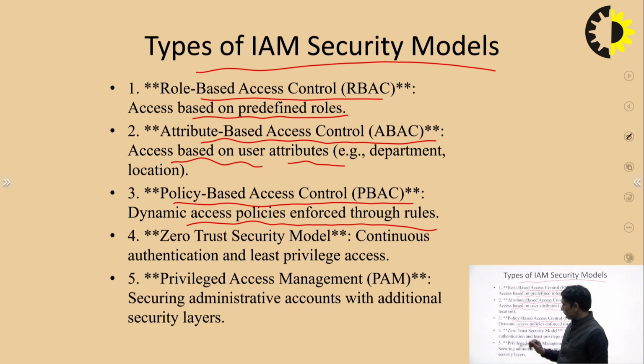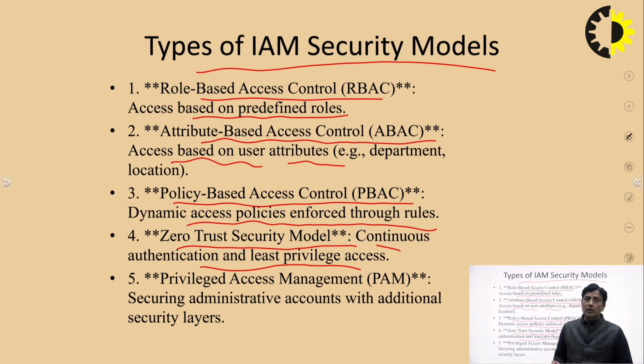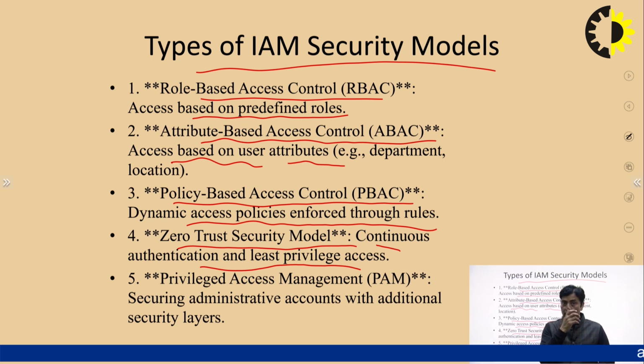Zero trust security model: continuous authentication and least privilege access. Zero trust means nobody is trusted in the system, whether a developer or an auditor. The basic concept is that you do not trust anything or anybody.